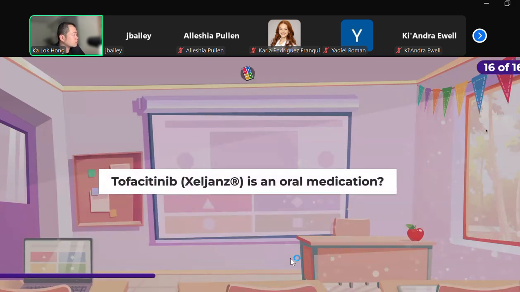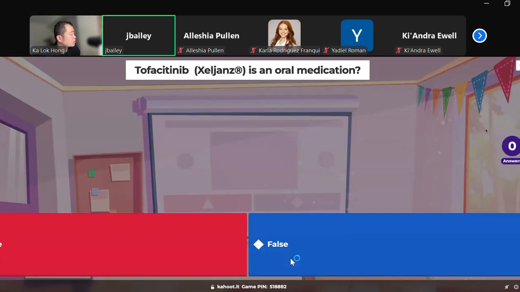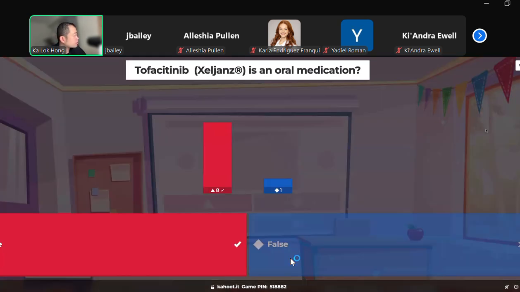All right, last one. This is for psoriasis. All right, yes, it's an oral medication.